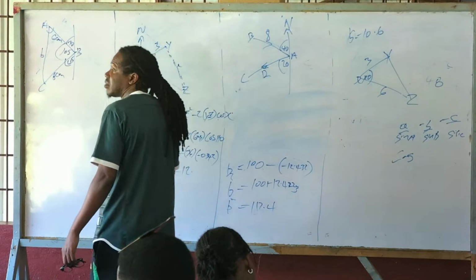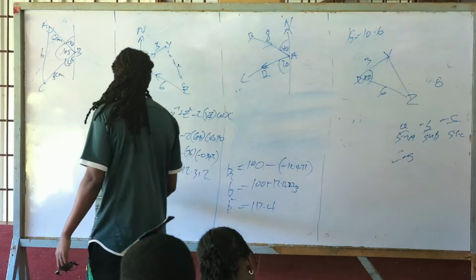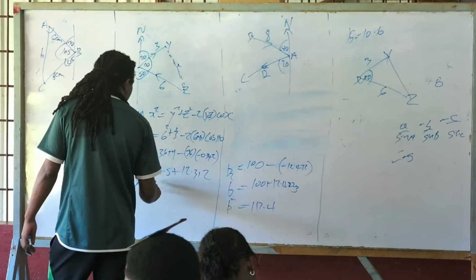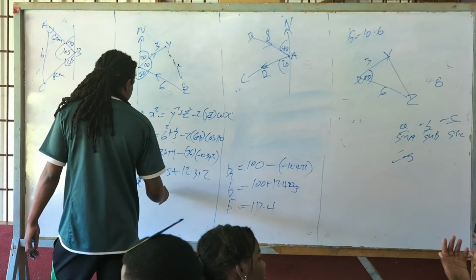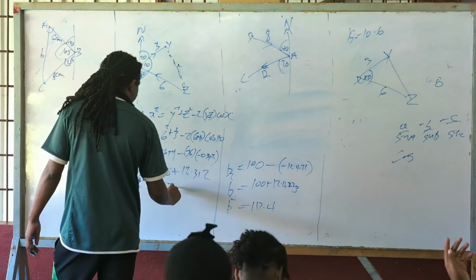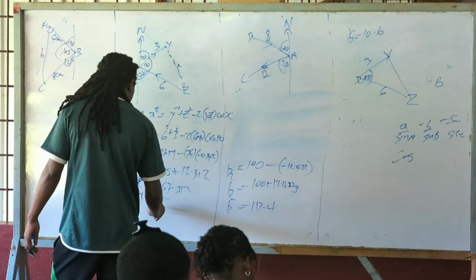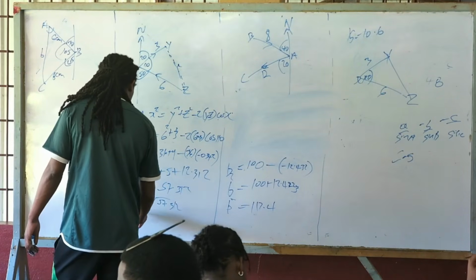So it turns plus. X squared equals 57.312. X equals the square root of 57.312.